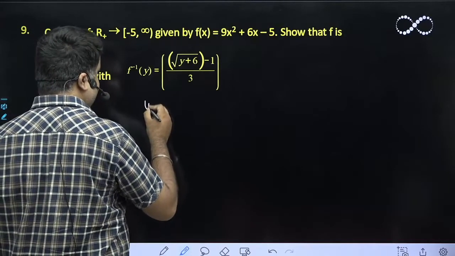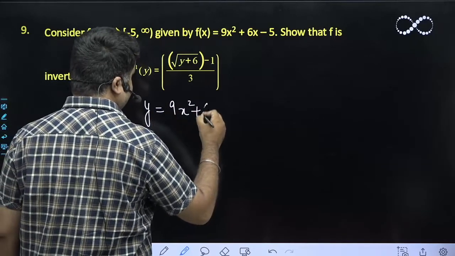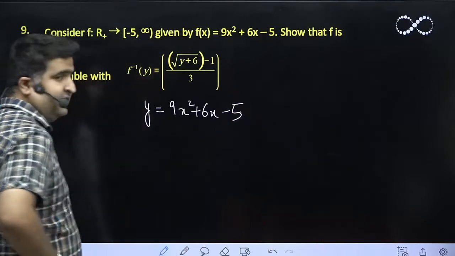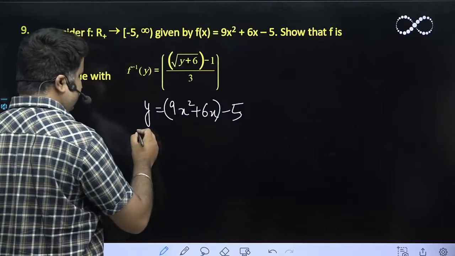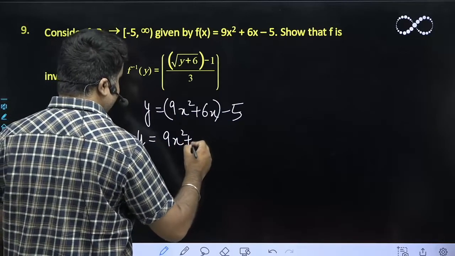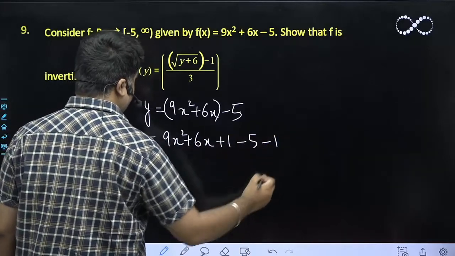We equate this as y. We get 9x squared plus 6x minus 5 is equal to y. Okay, we try to make it a perfect square, complete the square. So by completing the square, we get 9x squared plus 6x plus 1, minus 5 minus 1.